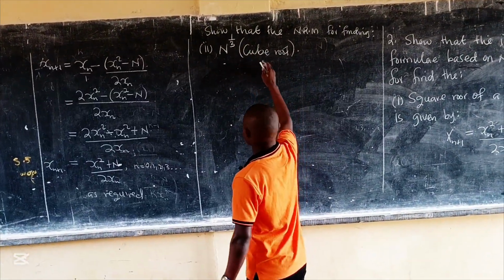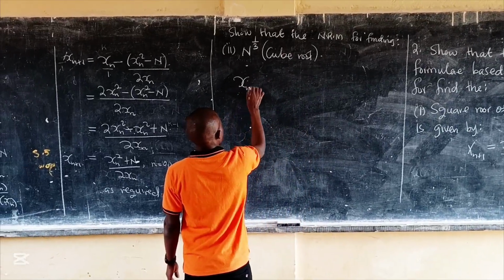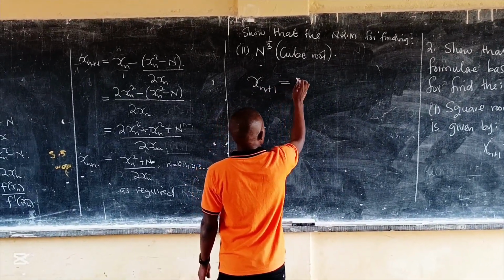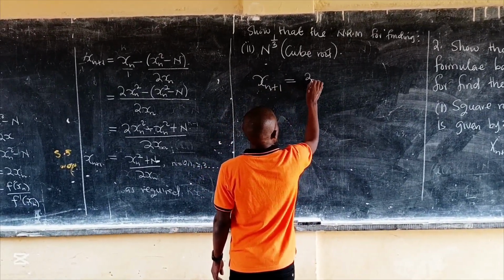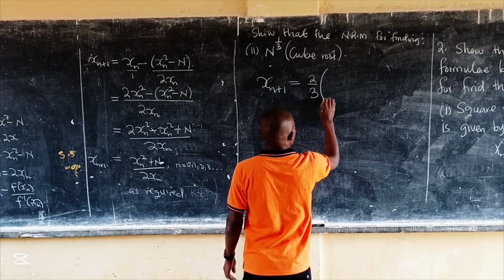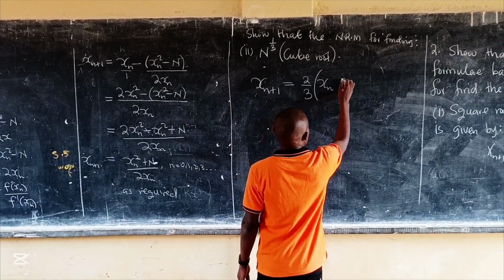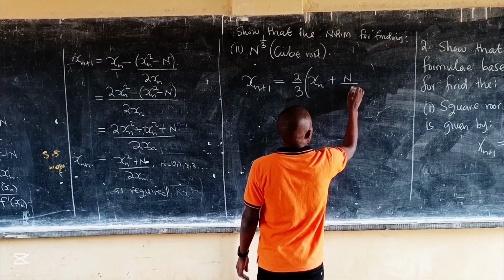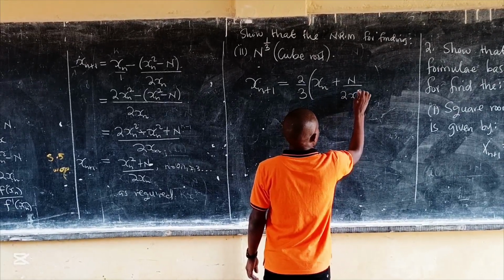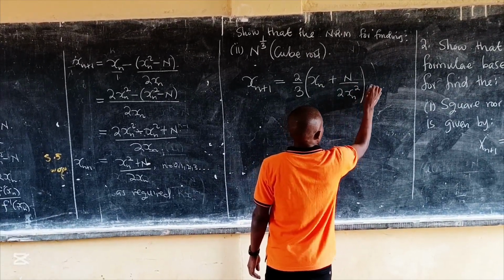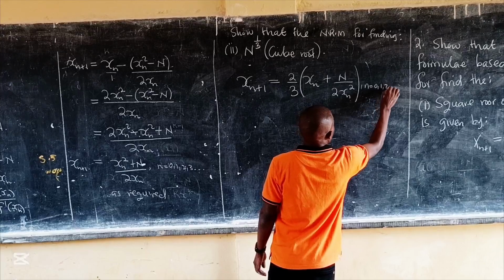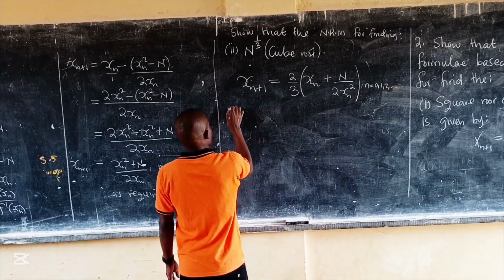so this is the Newton-Raphson's formula. We want to show that the cube root is given by 2 out of 3 into xn plus n out of 2 xn power 2 for n equals 0, 1, 2 onwards.